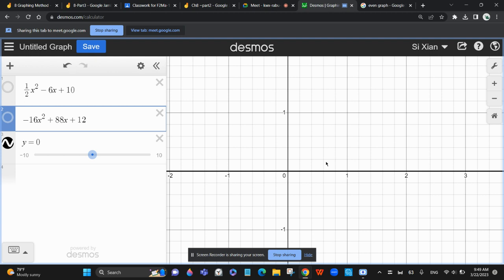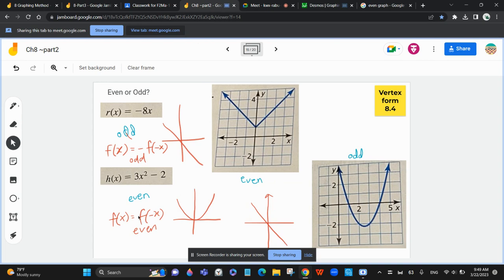And odd means that you can verify if it is odd by using this function formula to check, or you can see if it is symmetry through the origin.